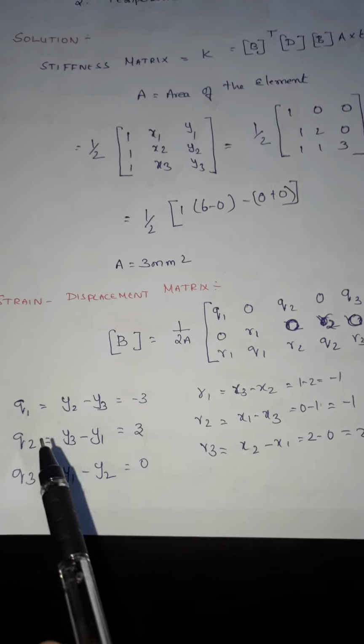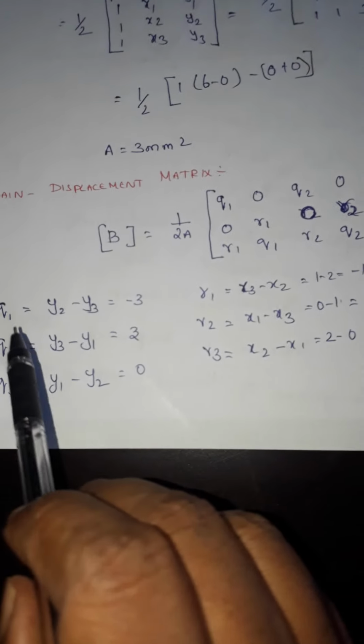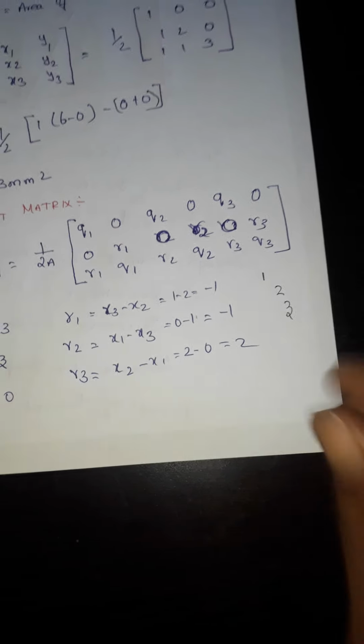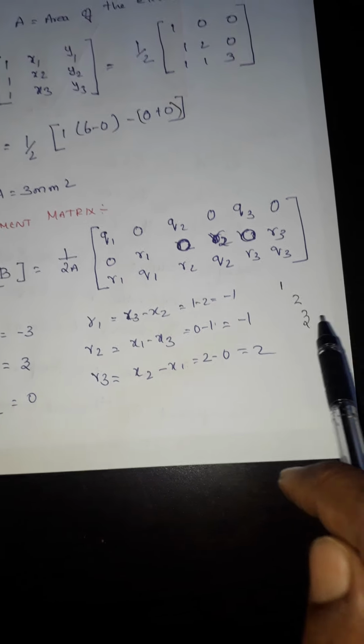Now we have to find Q1, looking at this problem with nodes 1, 2, 3. To memorize this: for Q1, cover 1 with your hand, then take 2 and 3, so y2 minus y3.